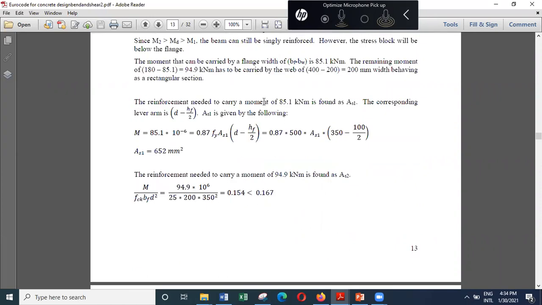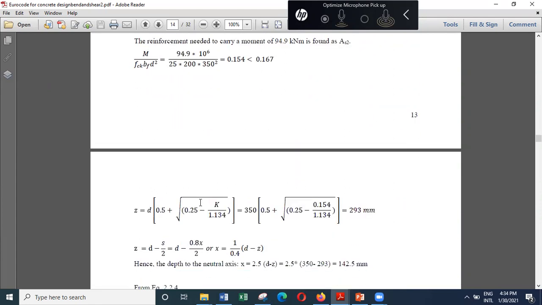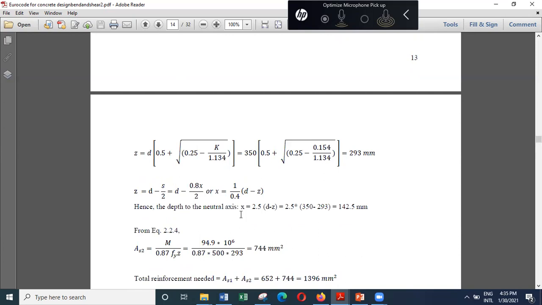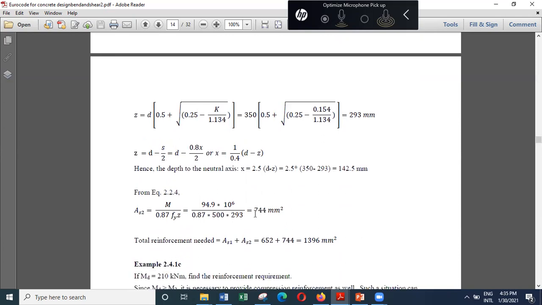The reinforcement needed to carry that can be determined by finding the M over FCK BD squared. And you have to find the distance to the neutral axis. And with that, you can find the reinforcement required to carry a moment of 94.9.